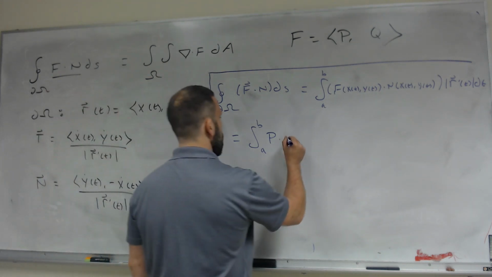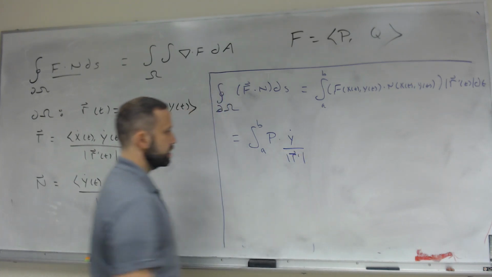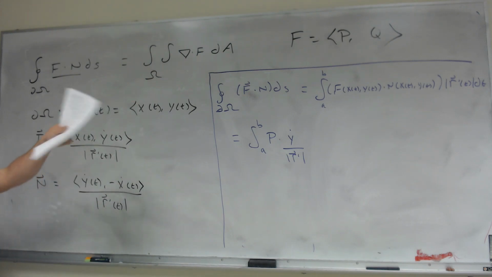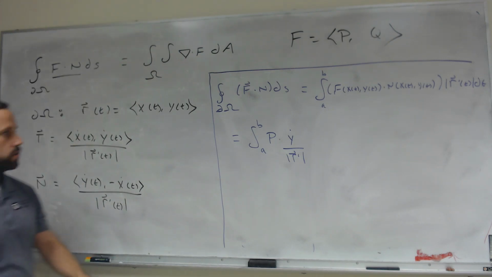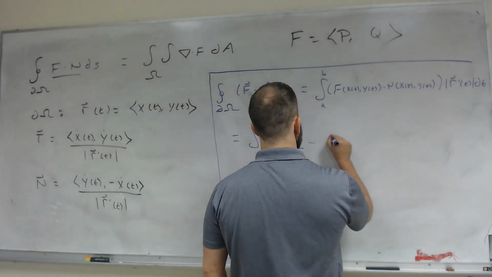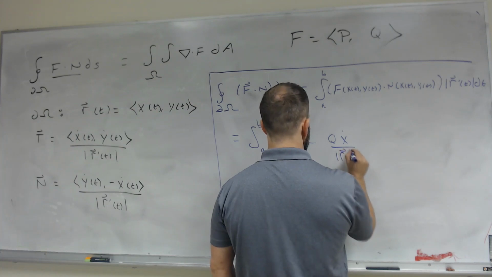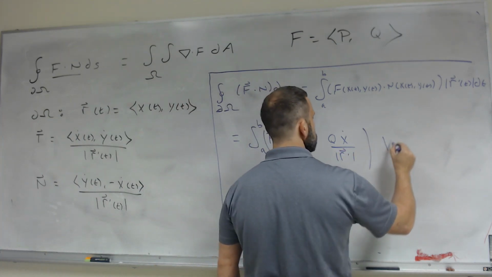So this is going to be times y dot over the magnitude. Now I'm going to add the y component of f multiplied by the y component of n. So this is going to be minus q x dot over the magnitude. And then I'm multiplying by this magnitude.